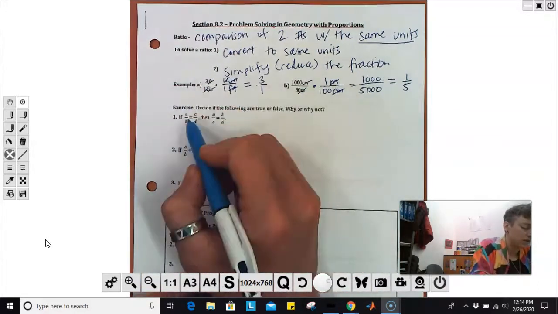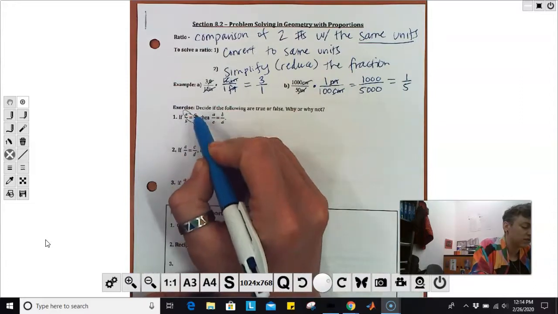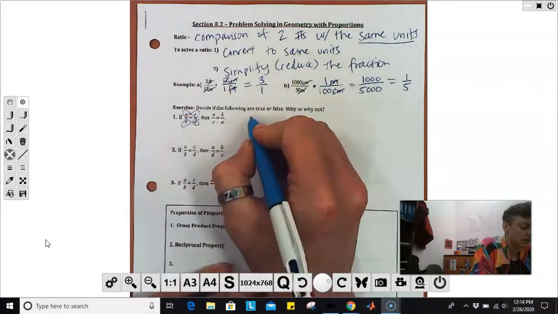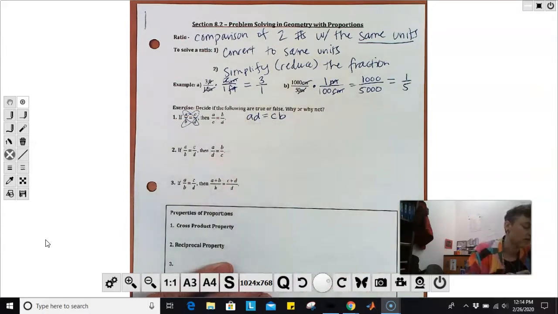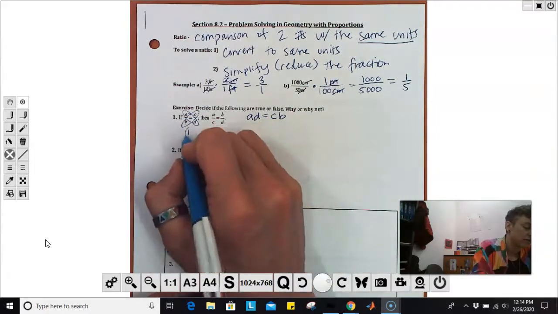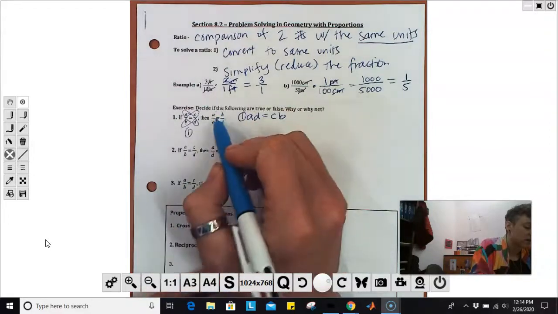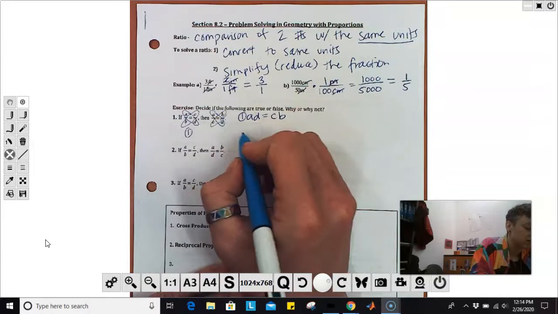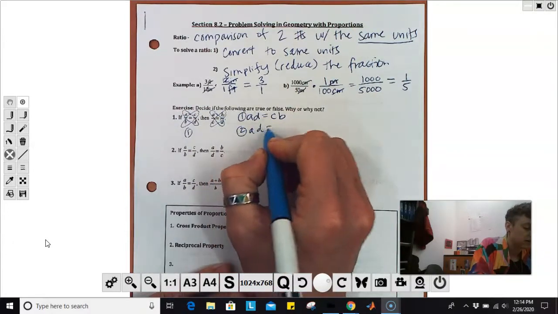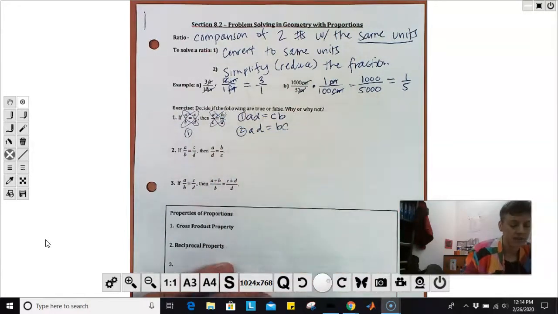So let's do A times D equals C times B. That's our first cross product. And our second cross product, A times D equals B times C. AD equals BC. Is that the same?